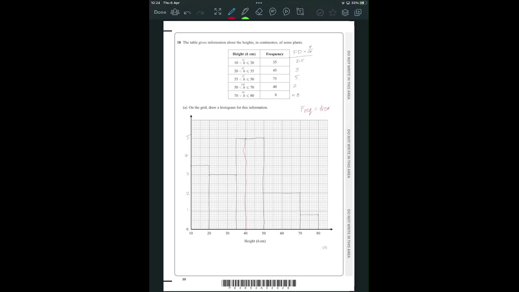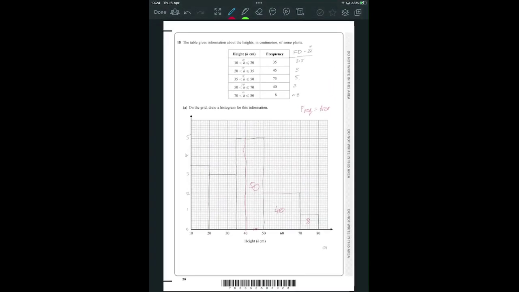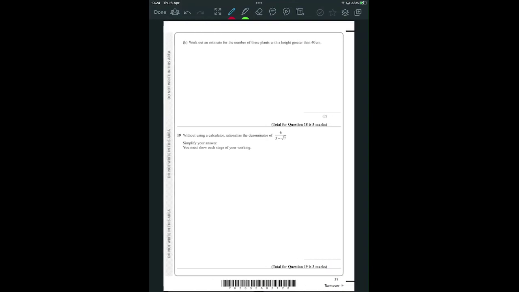Well, we already know this box's area 40 and 8 because they came from the picture. This then is a base of 10 with a height of 5. There's an extra 50 here. 50, 40 and 8 gives us a total of 98 plants with a height greater.